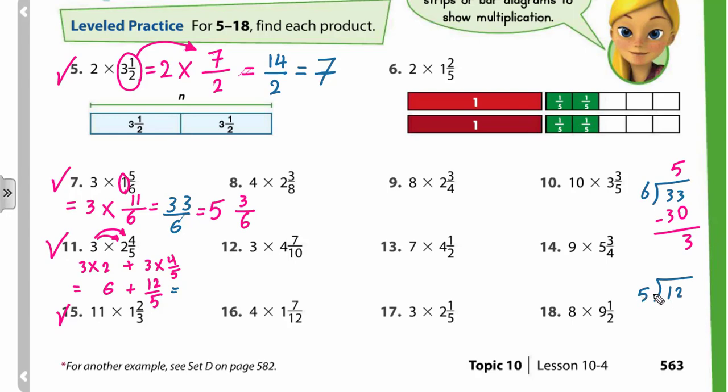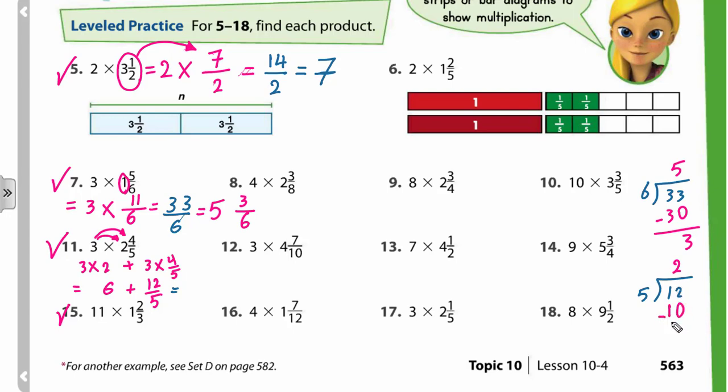12 divided by 5. You mean 12 is not in the times table of 5, but we search for 12 or less than 12. Yes, 5 multiplied by 2 equals 10.